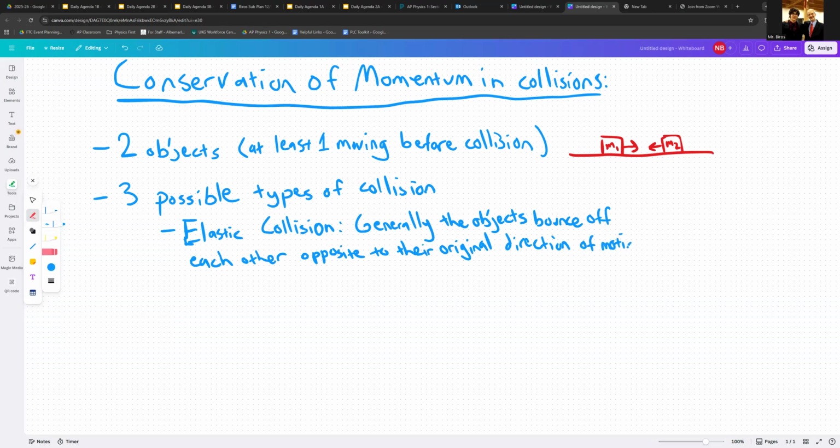And we'll quickly draw what that would look like, with red on the right here. After the collision, we would have M1 and M2 both going off in the opposite direction to where they were originally going. So now M1 is going off to the left and M2 is moving to the right.